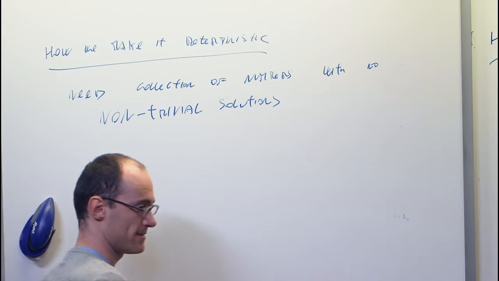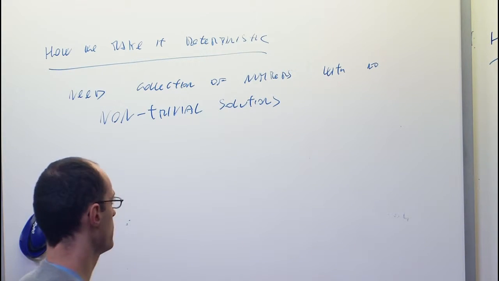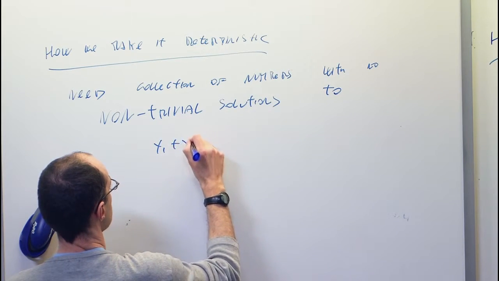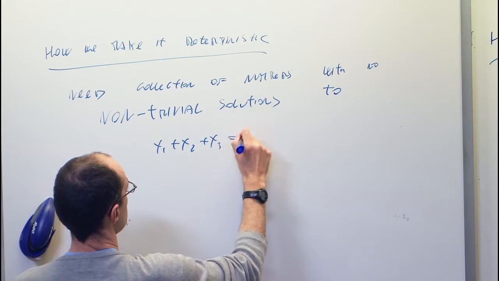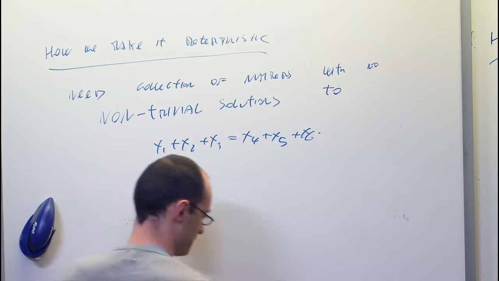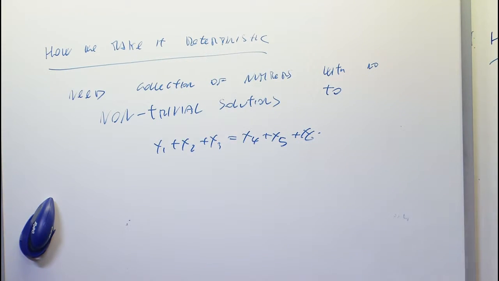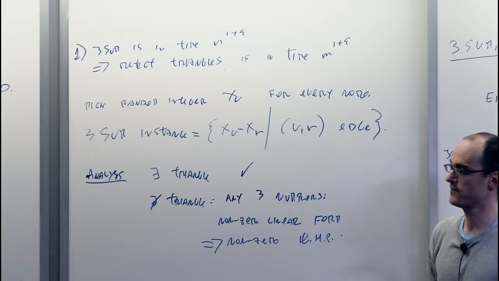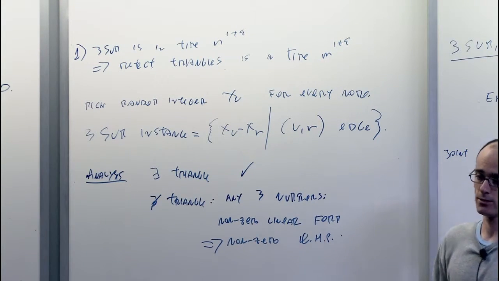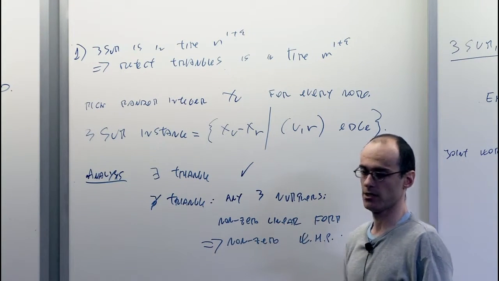By non-trivial means that the numbers are not repeated, to this equation here, x1 plus x2 plus x3 is equal to x4 plus x5 plus x6. That's the type of equation that you get from the sum of three numbers here. So if I have a collection of numbers which have no non-trivial solutions, I can just assign those numbers to my nodes, and if there is no triangle, you will get a 0.